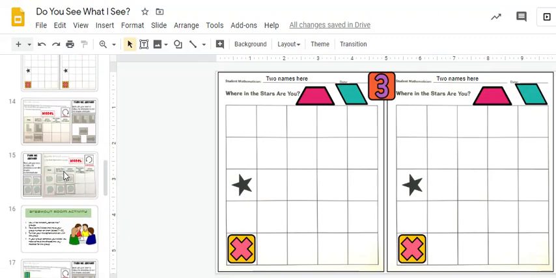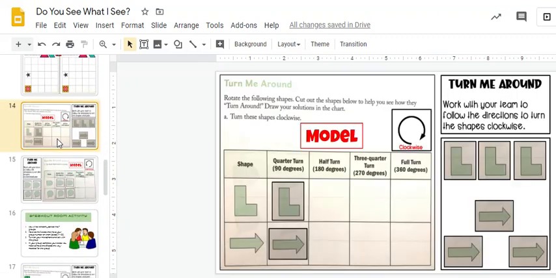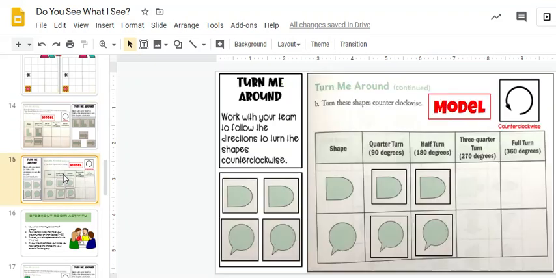Then we will come back and we will be working on rotating shapes. So this is called Turn Me Around. So you are going to work with your team to follow the directions to turn the shapes clockwise on this page and counterclockwise on this page.